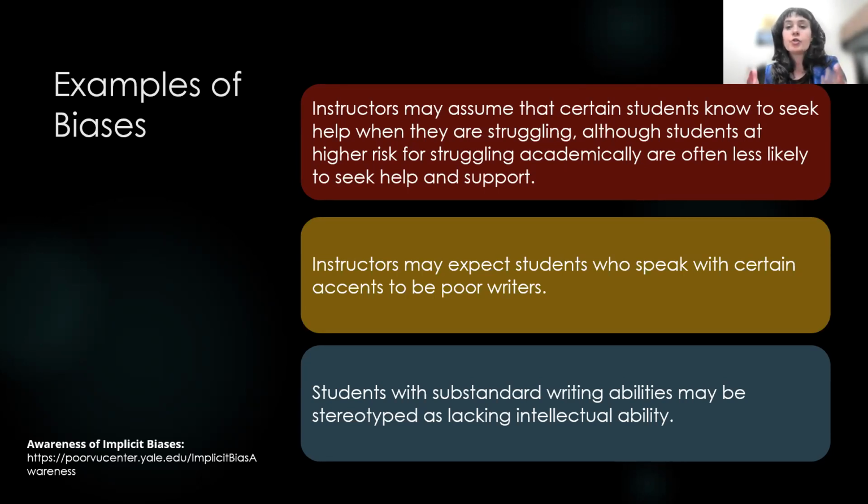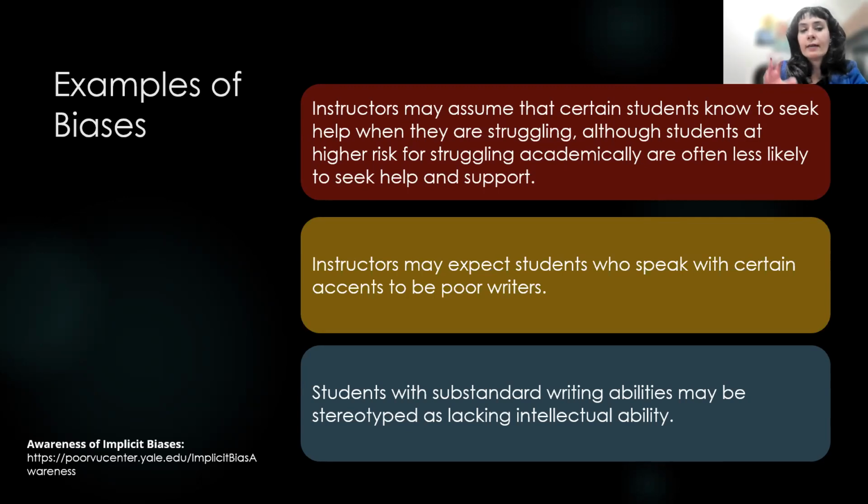For my first example, instructors may assume that students would know how or where to seek help if they're struggling. Although students at higher risk of struggling academically, in many cases, are not actually aware that they are struggling, or if they're aware, they are not comfortable asking for help. So if we assume that students would know when they're struggling, that is an assumption.